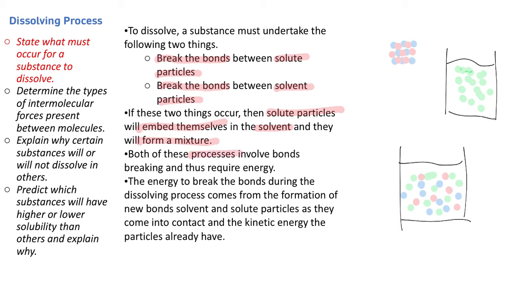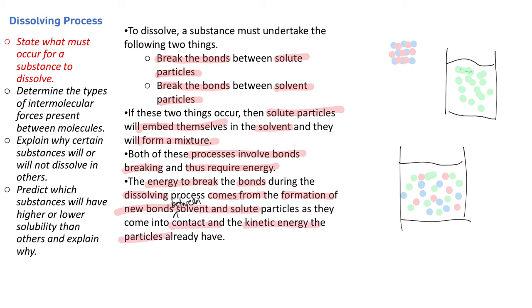Both of these processes involve bond breaking and thus require energy. Because they require energy, you've got to find some way to put that energy in. The energy to break the bonds during the dissolving process comes from the formation of new bonds between solute and solvent particles as they come into contact with each other, and the kinetic energy the particles already have.